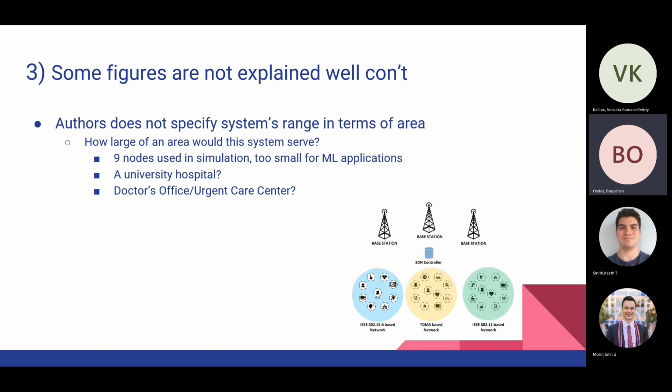Also, with the simulation setting, I have doubts about whether machine learning is applicable, due to whether the sensory input is enough. Was it enough to provide big data, in quotation marks, for the machine learning model? Yeah, that's the question.